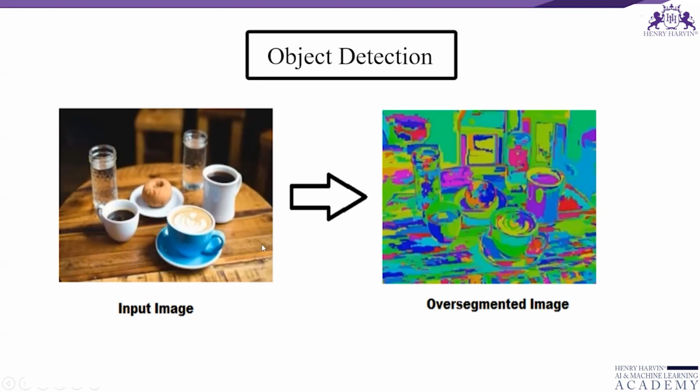Step 1, it will add all the bounding boxes. Say there is a cup, coffee, glass. It first adds all the bounding boxes corresponding to the segmented parts to the list of region proposals, and then it groups the adjacent segments based upon similarity. Then again it goes back to adding all the bounding boxes corresponding to the segmented parts to the list of region proposals.